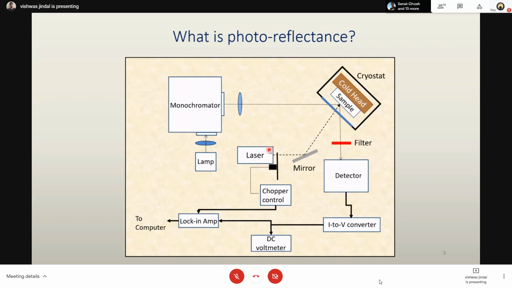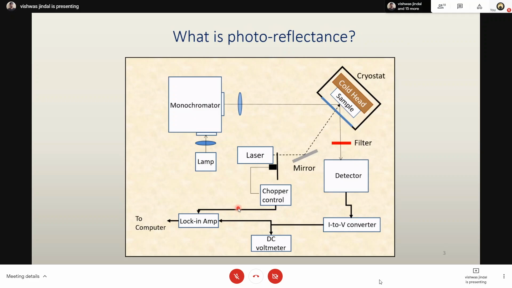Sometimes it's on, sometimes it's off, and so this perturbation is riding on some frequency which is being fed to the lock-in amplifier, and now our signal is whatever is changing because of the laser. Whatever is the change in the reflected spectrum because of the laser is what we will pick up in the lock-in amplifier. So we have both the DC part, and now the AC part is the change in reflectance.